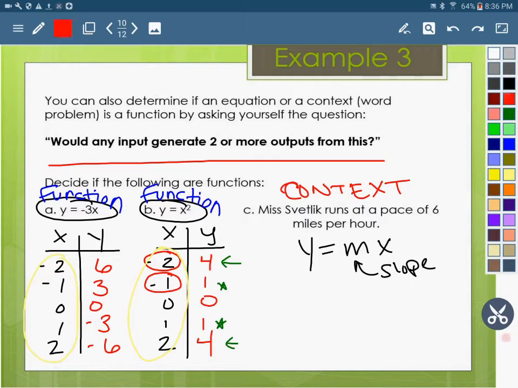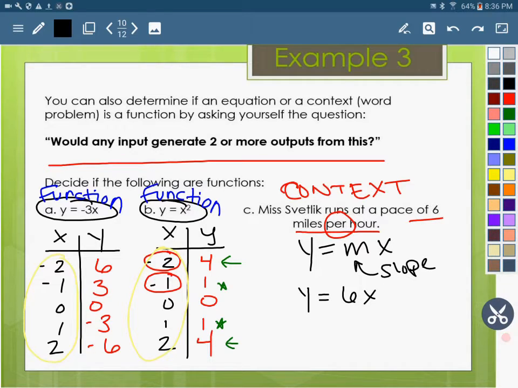So I'm seeing in this context, it says 6 miles per hour. That's how fast I'm supposedly running. Well, 6 miles per hour, that's the word per, so that means that's the multiplier or the slope. So my equation here is y equals 6x.